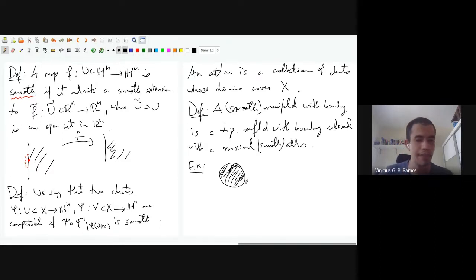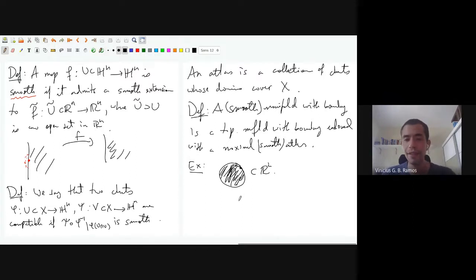And if you just see it as the unit disk inside of R2, the smooth structure in R2 induces a smooth structure here. You just take the inclusion of a relatively open neighborhood of each point into R2 as your chart. And that will give you an atlas for the disk.